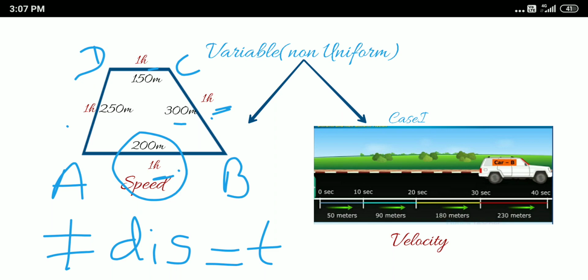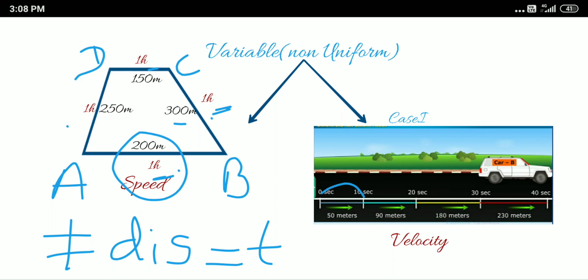Now, when we are talking about variable velocity, variable velocity will have two cases. First we will discuss case 1. What can you observe in this picture? Here we can clearly see that the object is moving with different or unequal distance within equal time interval.